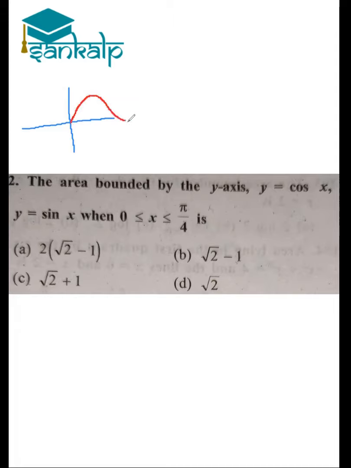So this is the curve which indicates sine function, and then equation of cos function. So cos function at 0 it is 1. Okay, so the curve will be somewhat like this.